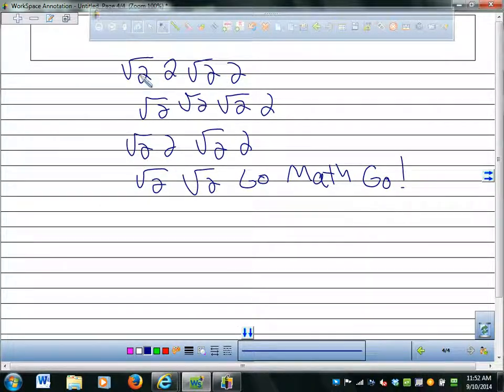Okay, ready? How do you say this? Root of 2. Root of 2, right? Okay, so here we go. Recite after me. Ready? Matt? I need everyone to participate. Ready, set, go.